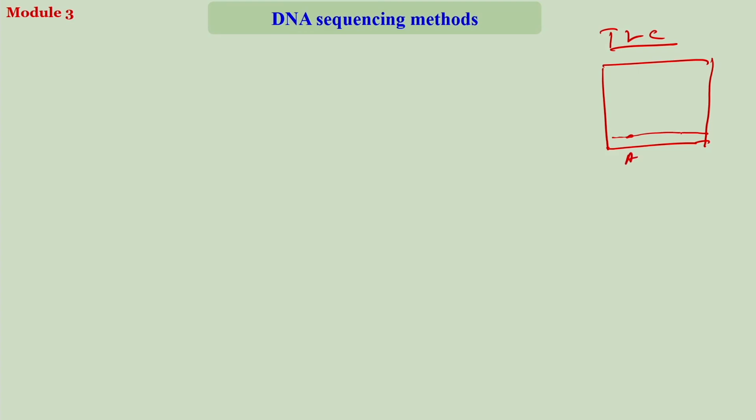So, if this is compound A and this is compound B, and they have a difference of polarity, then if you put a drop of this molecule here, and a drop of that molecule there, and allow them to move, they will move along the plate, and depending upon their polarity, their degree of movement or velocity would be different.